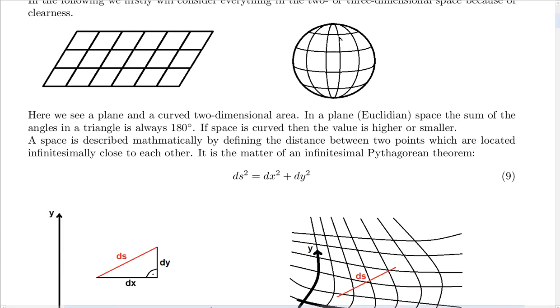If we have a convex curvature like here, the surface of a ball, then the sum of the angles in a triangle would be bigger than 180 degrees. And if we have a concave space, then the sum will be smaller than 180.